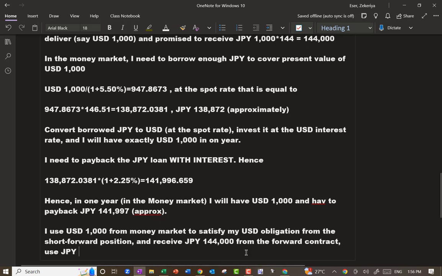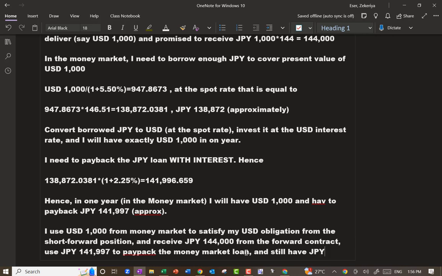Use 141,997 to pay back the money market loan, and still have 2,003 yen as profits.